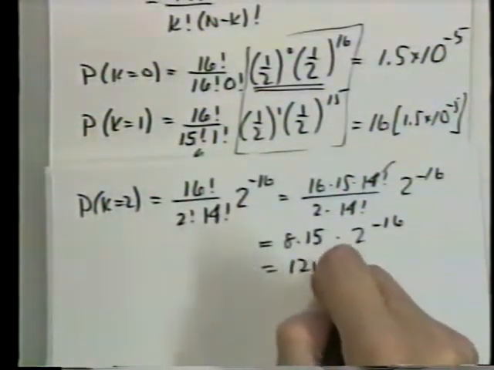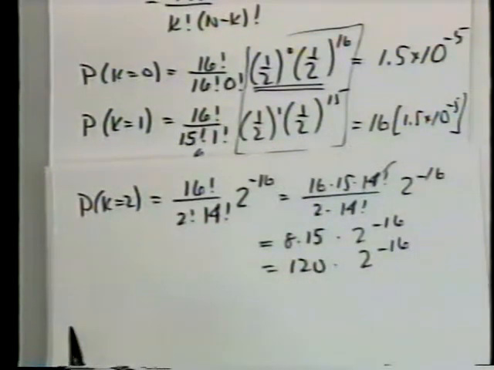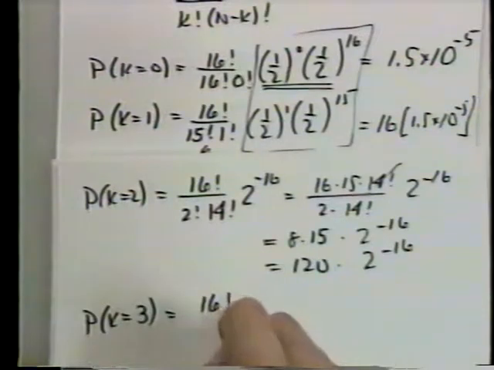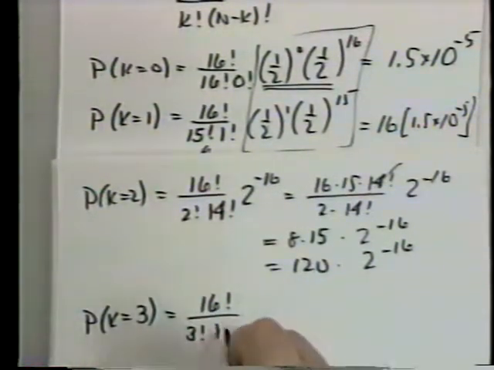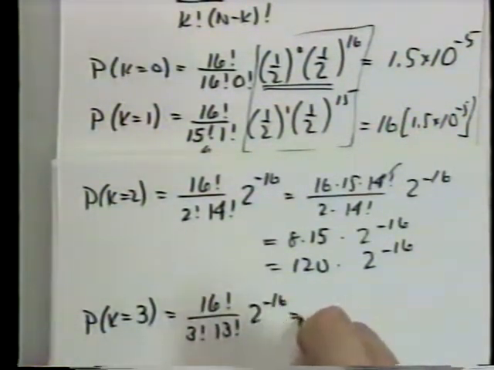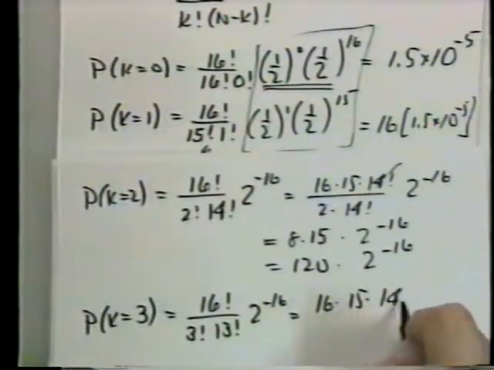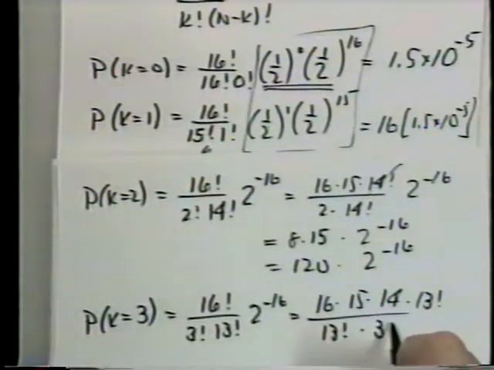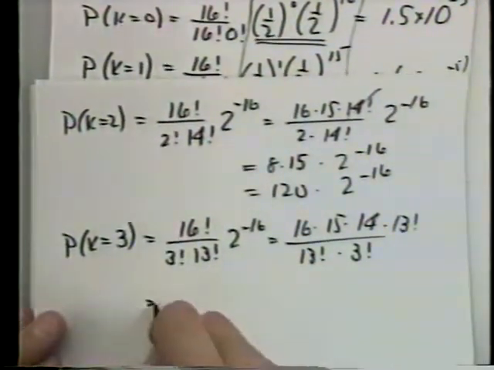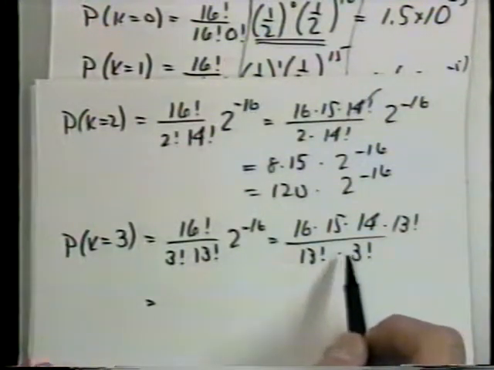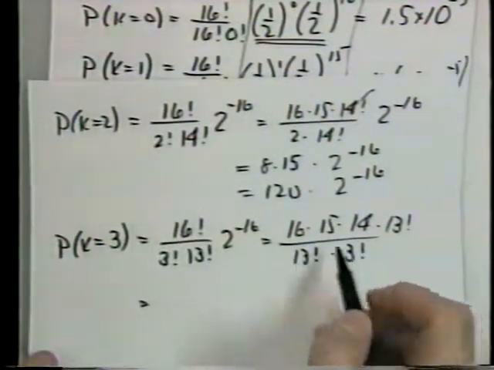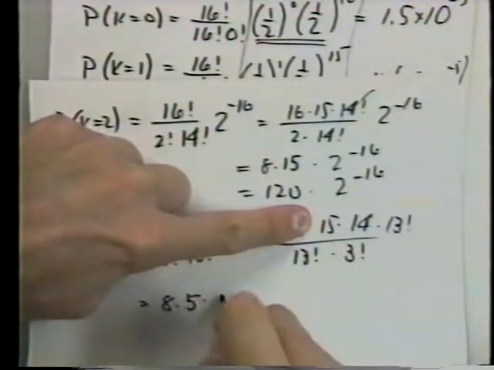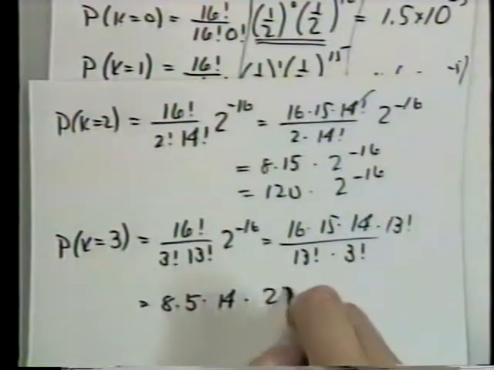So this is 120 times 2 to the minus 16th. And doing the same thing for 3, we get 16 over 3 factorial, 16 minus 3 is 13. So that's 16 times 15 times 14 times 13 factorial divided by 13 factorial divided by 3 factorial. 3 factorial is actually 3 times 2, which is 6. So we can cancel out a 2 here to make this 8. We can cancel out a 3 here to make this 5 times 14 times 2 to the minus 16.